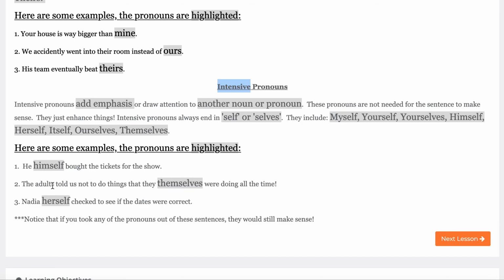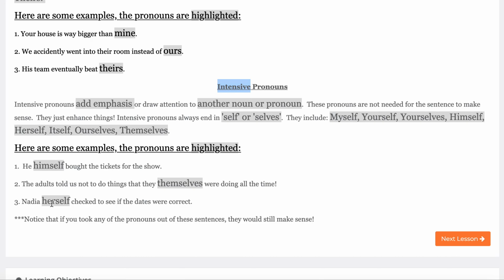So let's look at a couple other examples. The adults told us not to do things that they themselves were doing all the time. So this actually would make perfect sense without that word themselves there. We could just say, the adults told us not to do things that they were doing all the time. That makes sense. But we put themselves in there for added emphasis. And let's look at one more example.